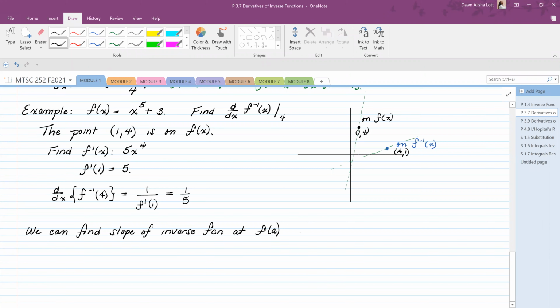This thing is equal to 1 over the slope of f at a.